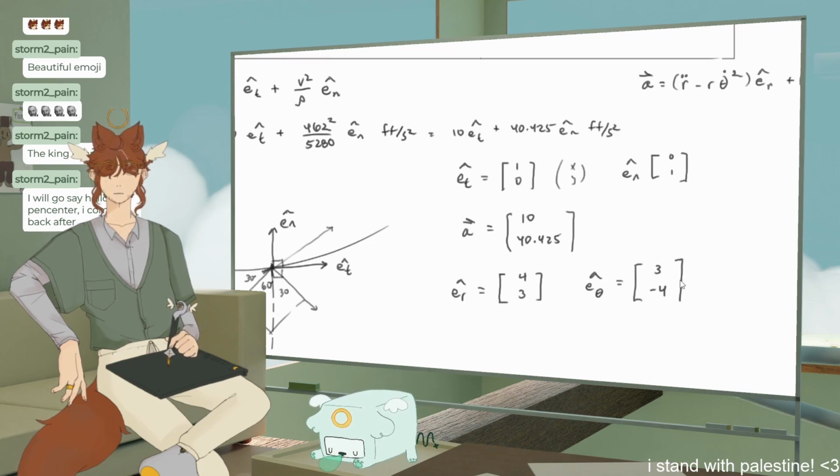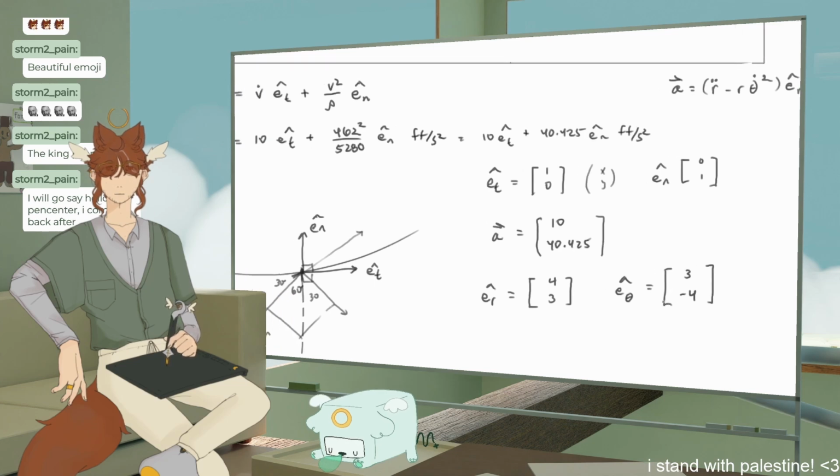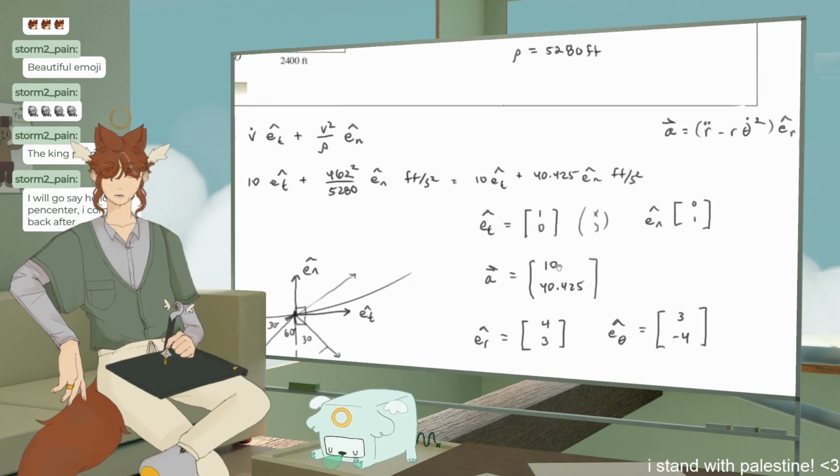It's the same direction as R. Wait, did I get bamboozled? Is this 3, 4? It should be 3, 4, right? Because the 60 is the long side, the 30 is the short side? Yeah. Yes, yes, yes.